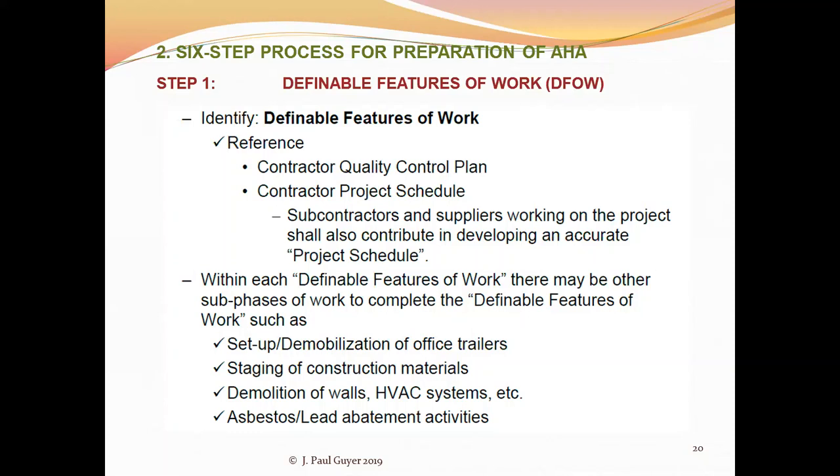So that is something that you look at to determine the defined features of the work. Then the contract project schedule is an important clue as to what are the definable features of the work.